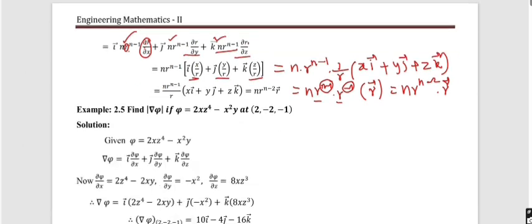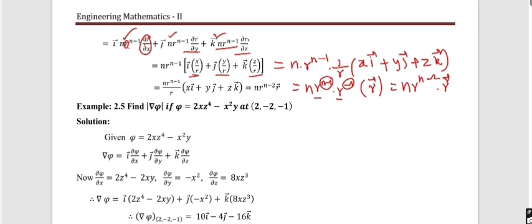Next, given that phi, that is a scalar potential, we find the modulus of del phi. From this phi, first we find del phi. We know the formula for del phi is i vector into dou phi by dou x plus j vector into dou phi by dou y plus k vector into dou phi by dou z.